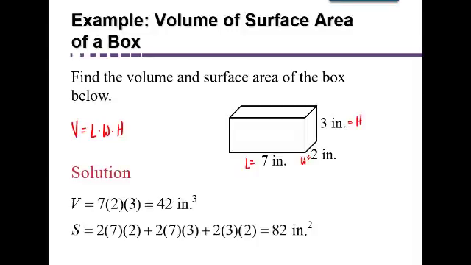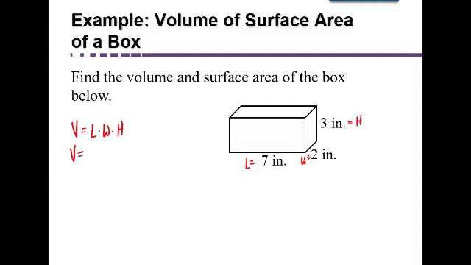So multiplying those together, we have 7 inches times 2 inches times 3 inches. So 7 times 2 is 14, times 3 is going to be 42. And then inch times inch times inch is inches cubed.